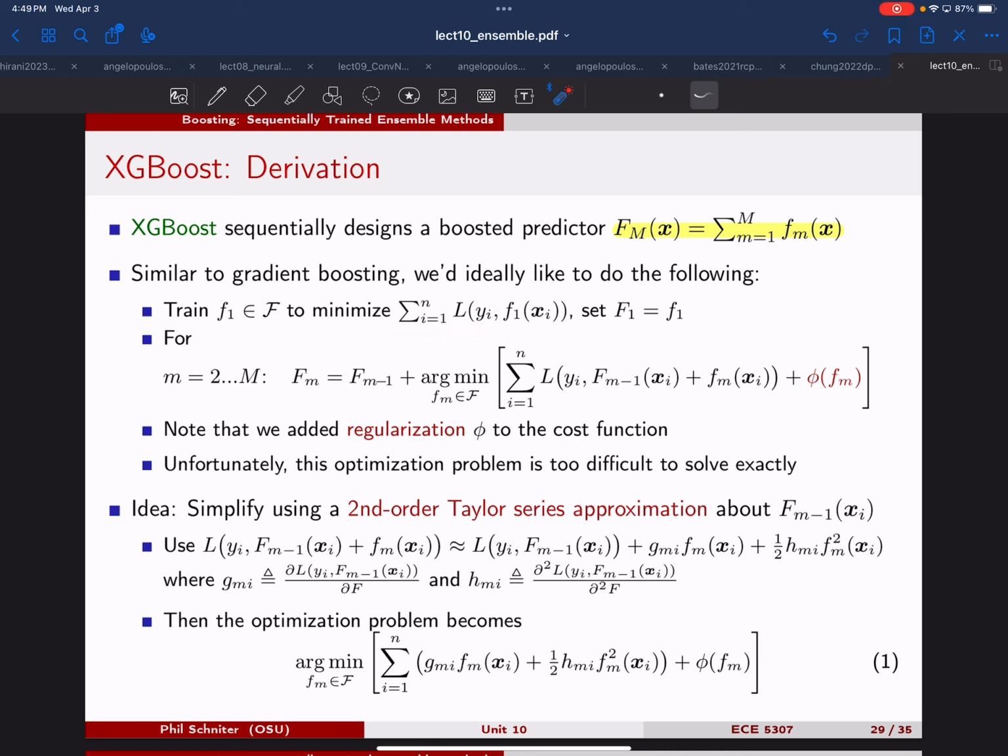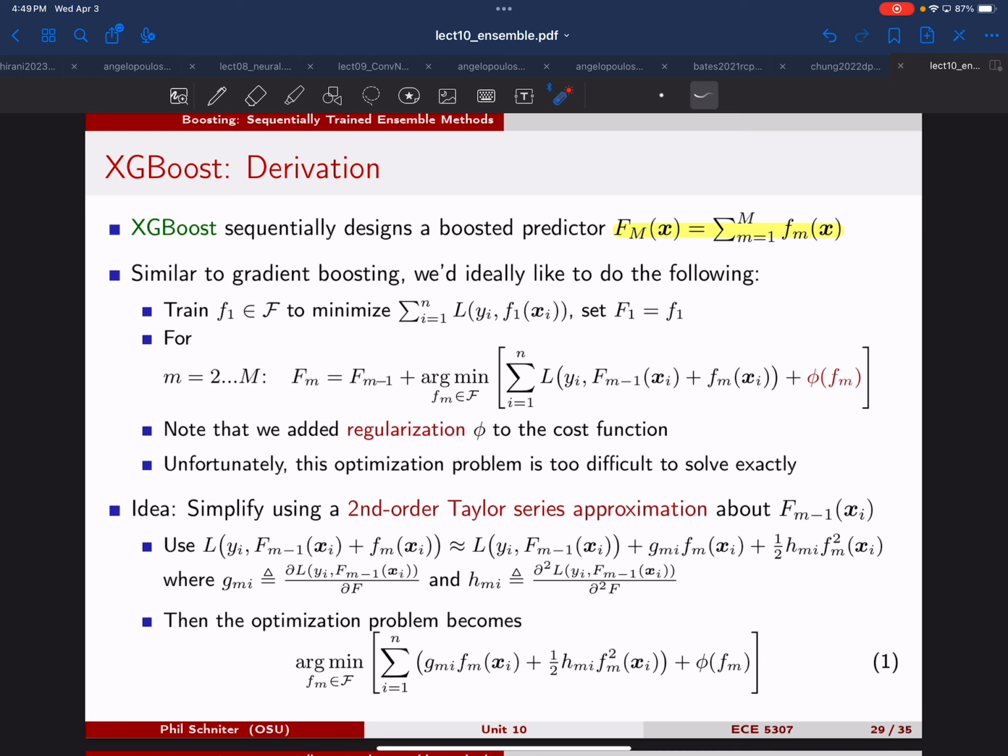And the loss is going to be generic. So once we design this, and this is going to be a tree in the case of XGBoost, we design our tree to minimize the loss. We set the first capital F equal to that little f that we designed, and we go through our for loop over the second stage, third stage, and so on.